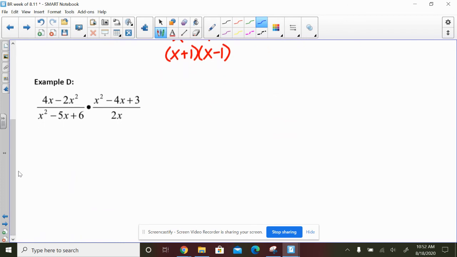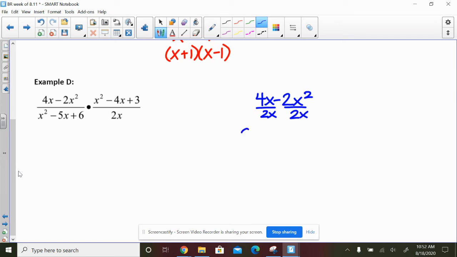All right, so I need to factor everything. I'm going to start with the top, 4x minus 2x squared. I'm going to work this out to the side over here so everybody can see it. I know I can divide those both by 2, but they also both have an x in common.